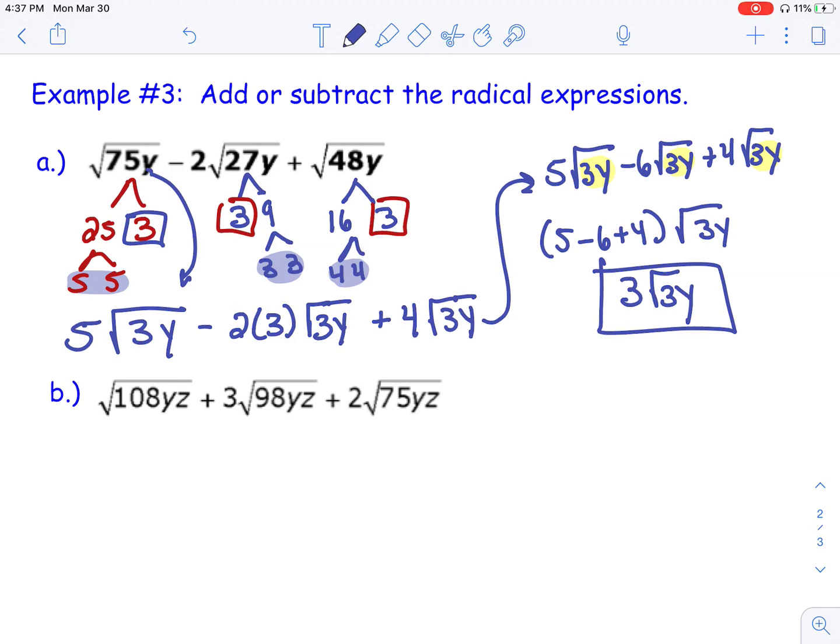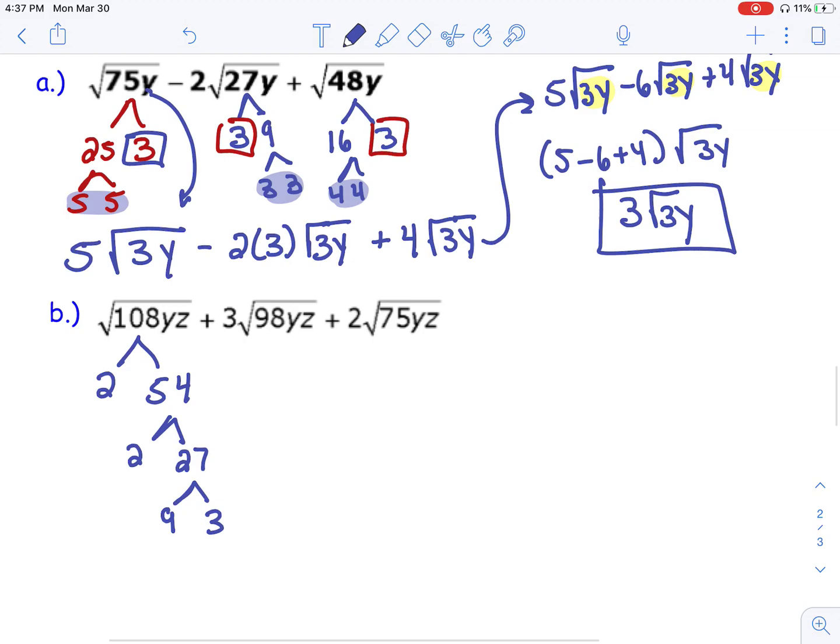Next one, we're going to do the same thing. If I take 2, 2 goes into 108 54 times. 2 goes into 54 27 times. Then I have 9 and 3, and this breaks down to 3 and 3. So I have a pair of 2s.